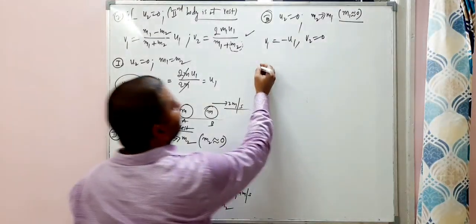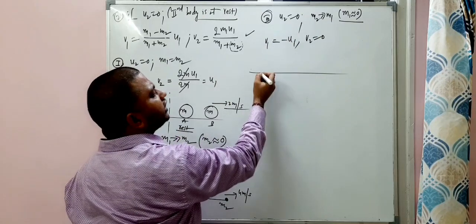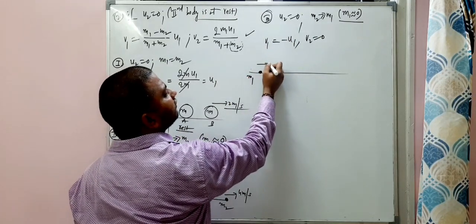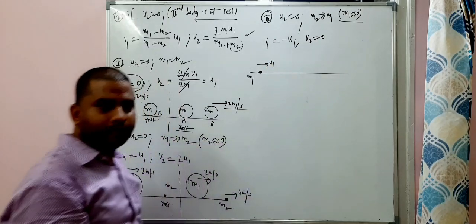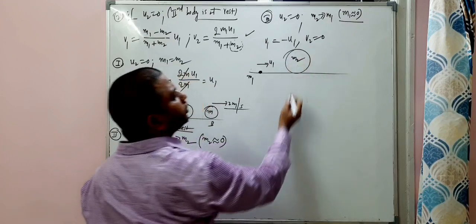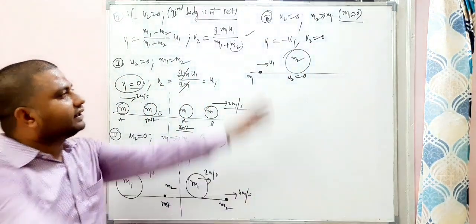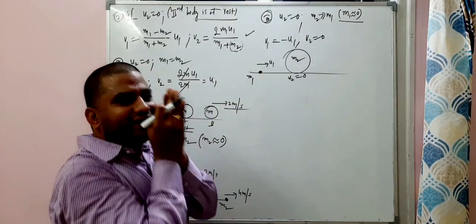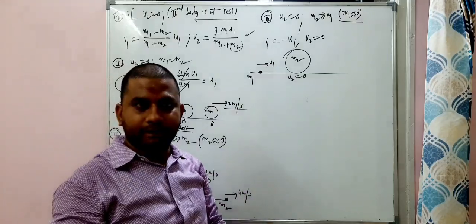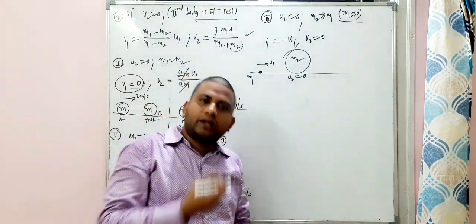And with the best example you will understand it very well. The first body is very small, that's m1, moving with a velocity u1. The second body is very big, so that's m2, and which is at rest, initial velocity is at rest. Imagine this, a bicycle is moving towards a lorry which is stationary, and after the collision what happened? See, it's simple common sense.